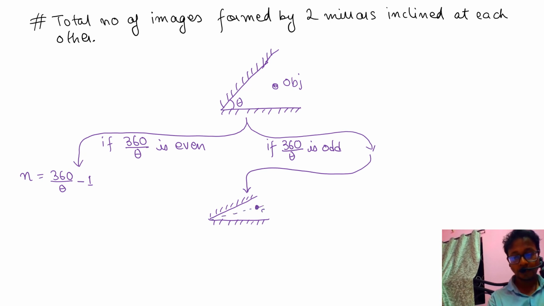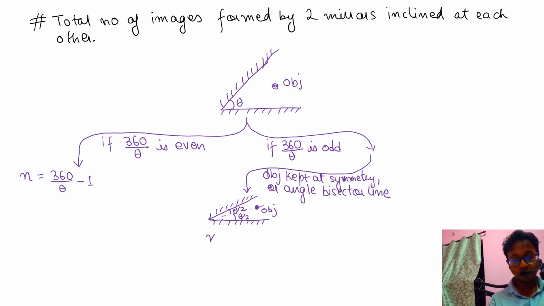Symmetry means that if the line joining the object to the point of intersection is the angle bisector of the mirror angle, theta by 2, theta by 2, then the object is kept at symmetry, on the angle bisector line.